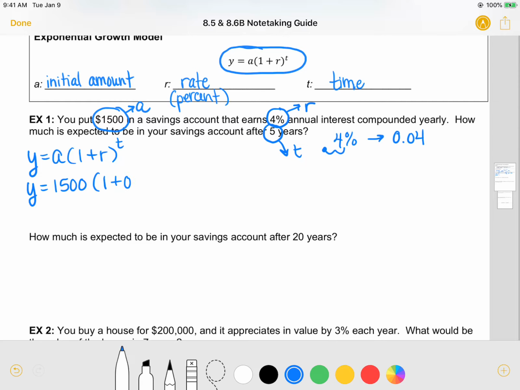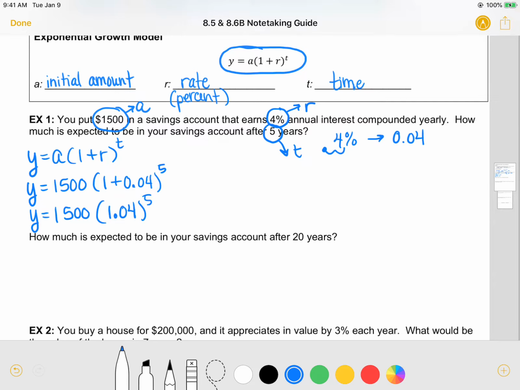So I'm going to plug that in as 1 plus 0.04 and then raised to the 5th power. Okay? So what you want to do next is you want to do the parentheses first. So we're going to follow order of operations, parentheses, then exponents, then multiplying. So let's go ahead and rewrite 1500 times 1.04 raised to the 5th power.